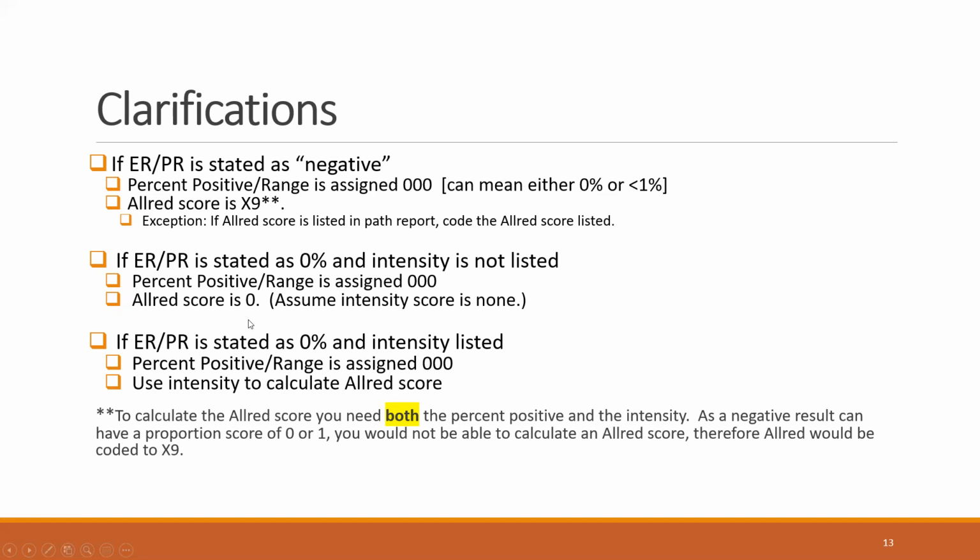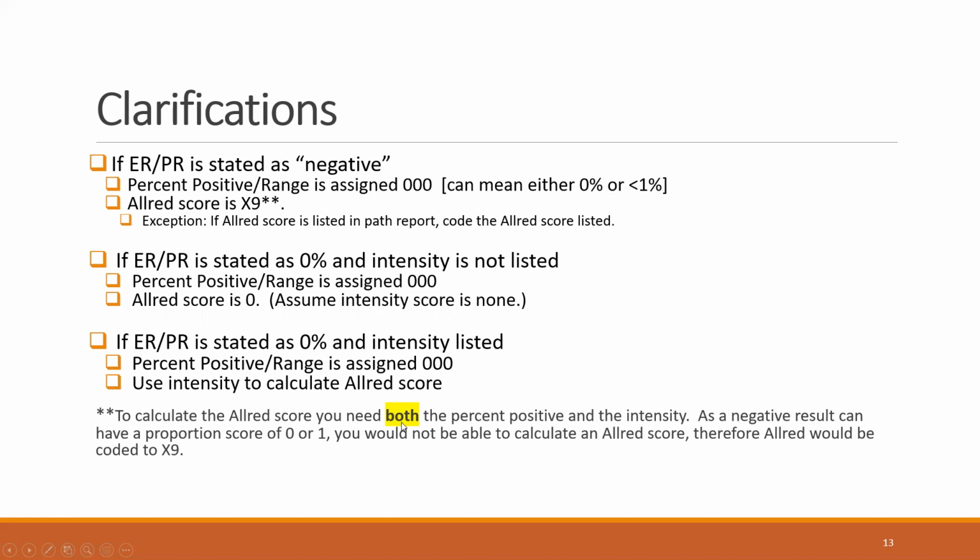But I wanted to show you how important it is to code your ER, PR 0% if that's what it says, or negative if that's what it says. And then if you have a 0% and the intensity is listed of the ER, PR, then you're going to be able to calculate your all red score down the road.